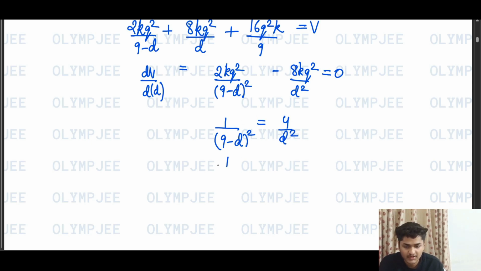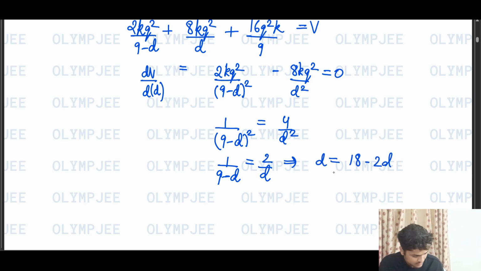So 1 by 9 minus D is equal to 2 by D. So this will give us D is equal to 18 minus 2D. So D will come out as 18 by 3, which is 6.